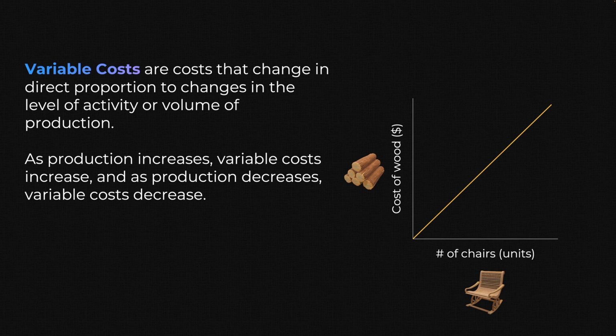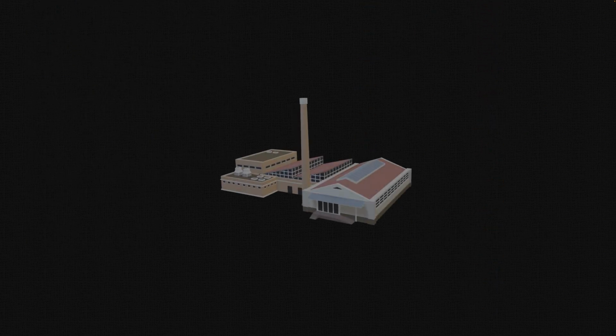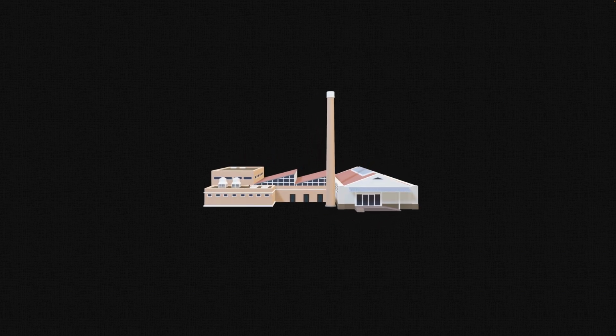We've looked at some examples, and we can look at some now. Examples include direct materials, also known as raw materials, and direct labor, also known as direct manufacturing labor. Let's zoom back out and take a look at this manufacturing facility again.